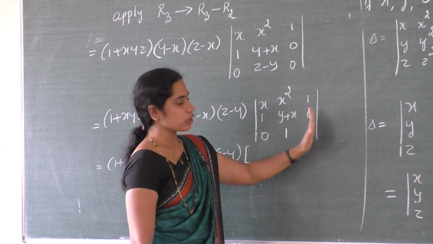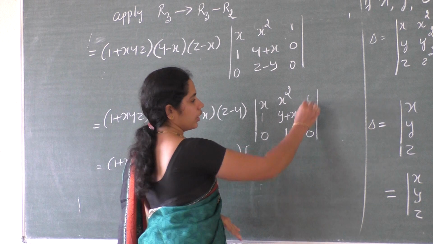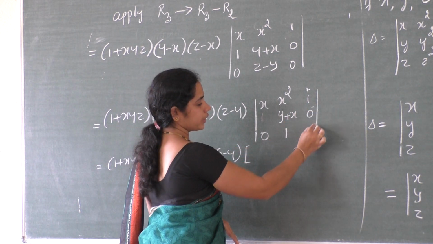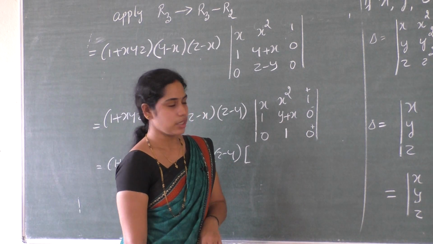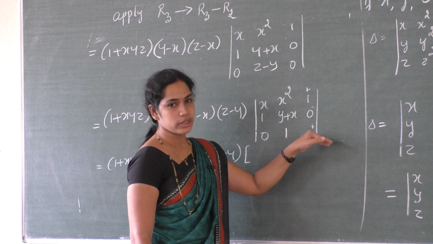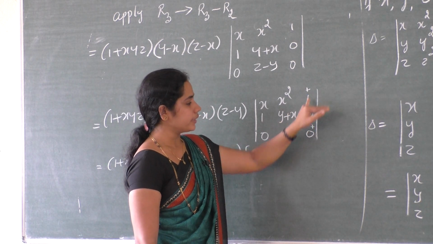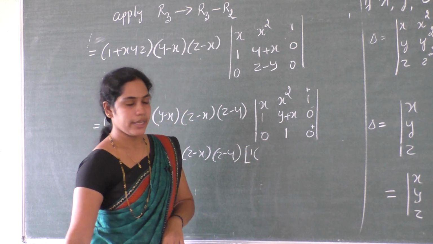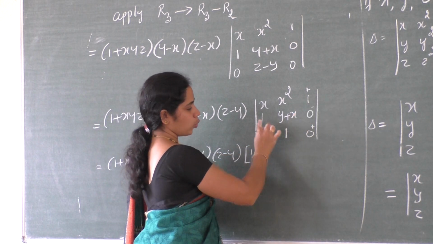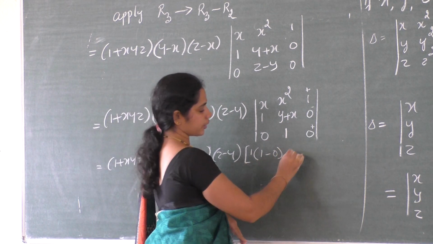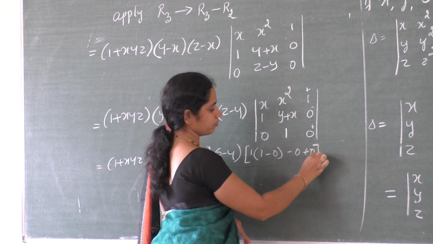If we are doing along the third column, the sign is plus minus plus, okay, 1 into expansion along the third column, that is 1 into 1 minus 0, other two values are 0.